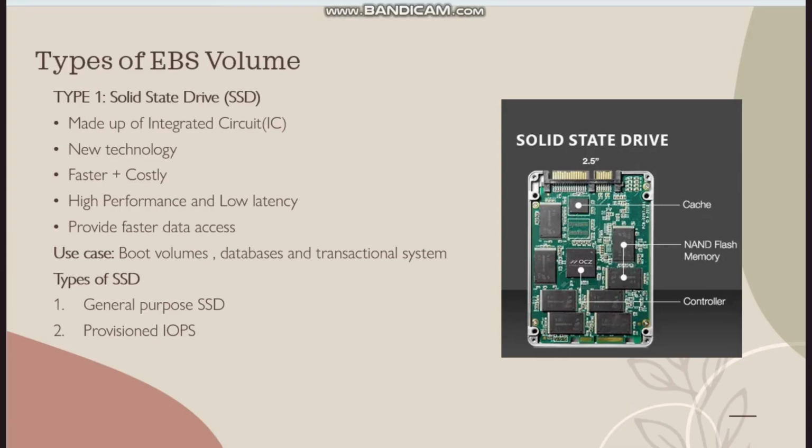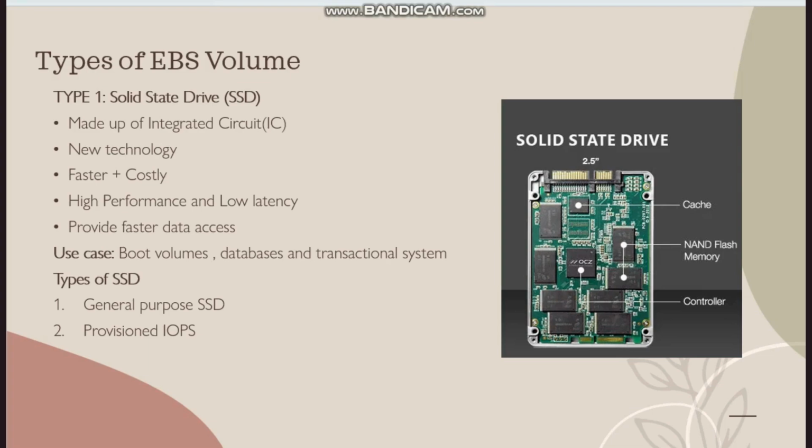Types of EBS volume. There are two types of EBS volume. Type 1, solid state drive, SSD. It is made up of integrated circuits, which means it is made up of chips, and it is a new technology. It is very fast and costly too. It provides high performance and low latency. Low latency means there is a minimum delay between the data transfer from source to the destination, and it provides faster data access.